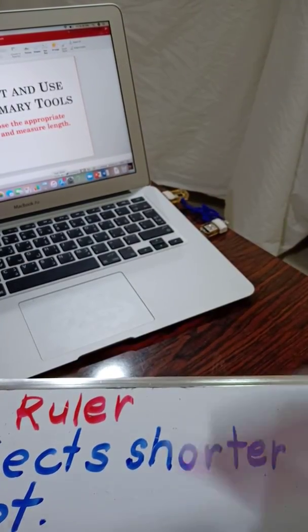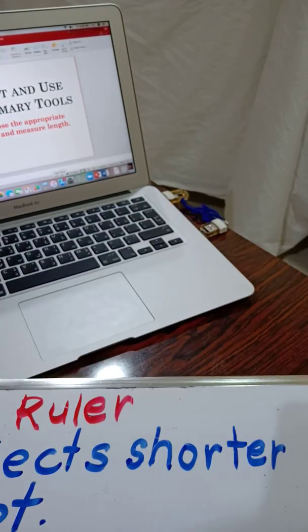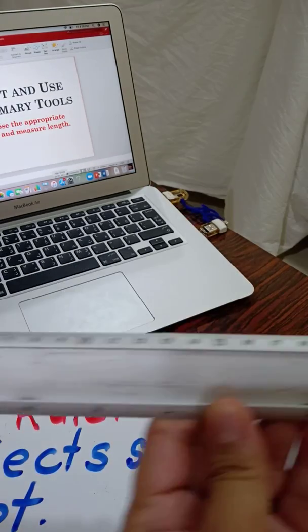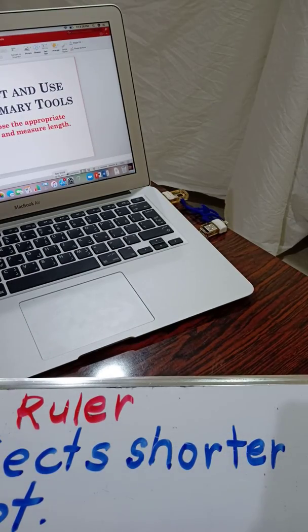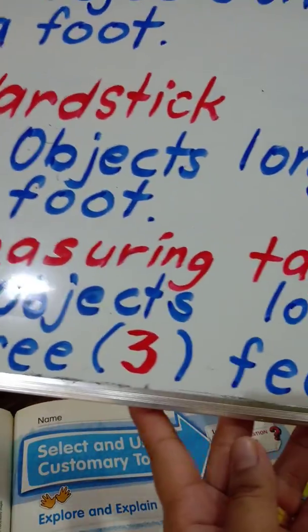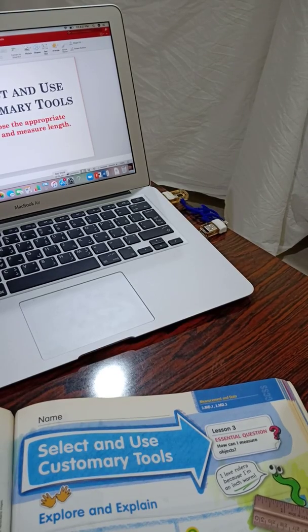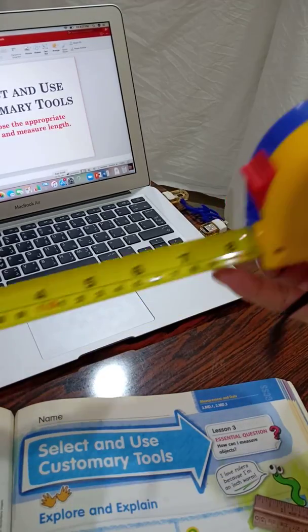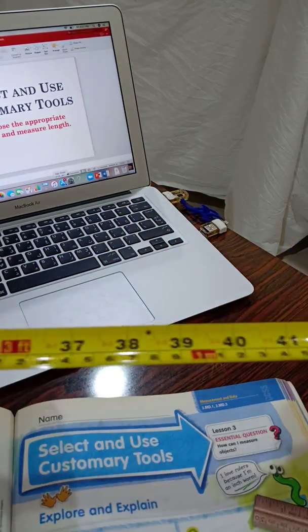Means to say, if your object is longer than our 12-inch ruler, but it is less than the 3 rulers, or the 1 yard. And we will use a measuring tape if our object is longer than 3 feet. So the measuring tape, we can measure a long object, or a longer object.